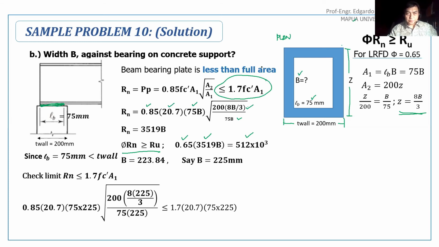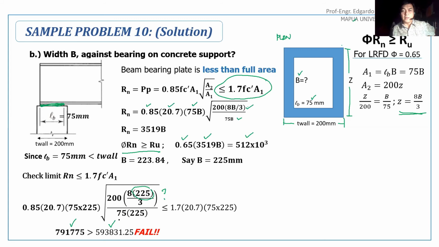So, yung Rn natin is back substituting the value of the B, which is 225, and check whether it is less than the 1.7 FC prime A1. Ang lumabas, hindi siya nag-comply. 791,000 is greater than the 593,000. So, hindi siya nag-comply dun sa limit, therefore, nag-fail siya.